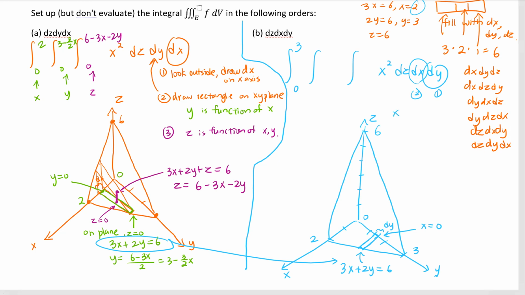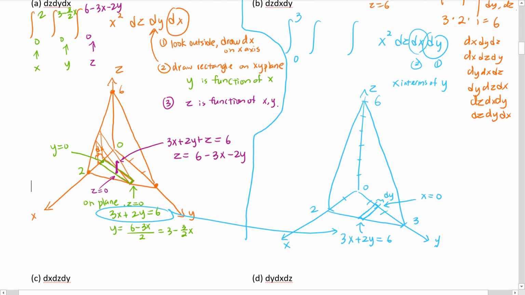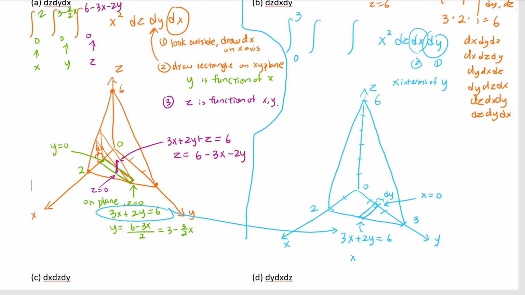So x equals (6 minus 2y) over 3, which is 2 minus 2/3 y. So x goes from 0 to 2 minus 2/3 y.